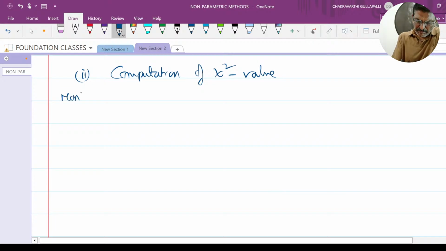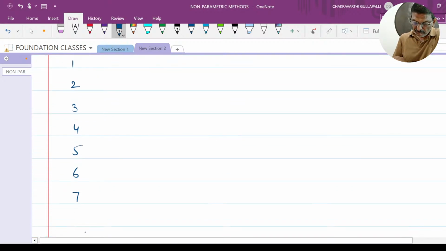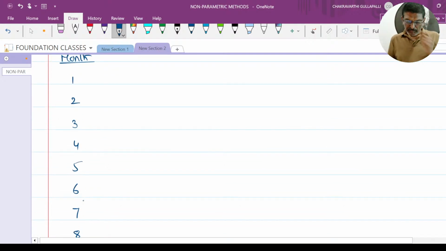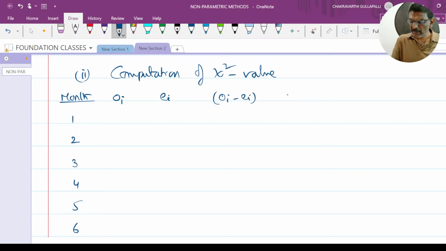Here are the months, first, second, third, fourth, fifth, sixth, 7, 8, 9, 10. Observed frequencies, Oi, expected frequencies, Ei, Oi minus Ei, based on the previous method. For goodness of fit and for independence of attributes, the formula is different, but the procedure is almost the same.